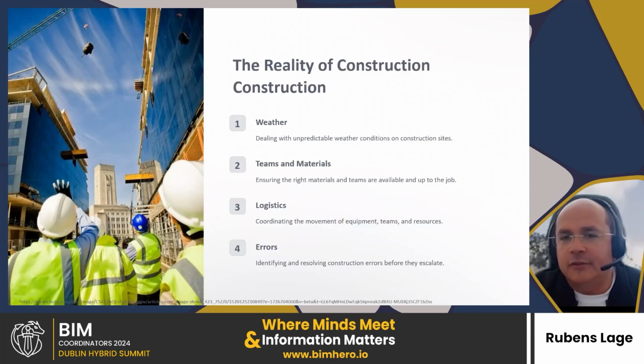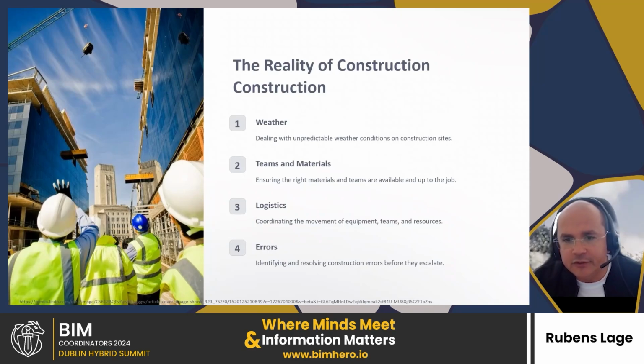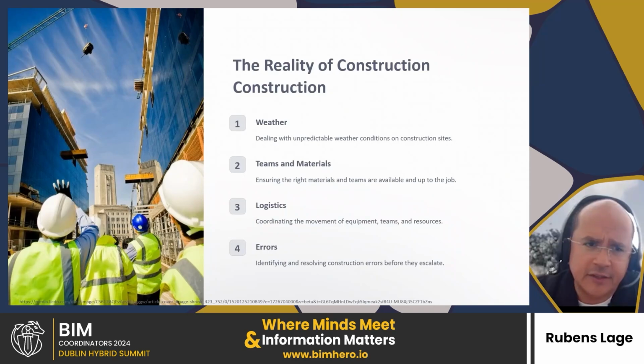As you know, construction is a very complex activity. It's subject to weather. You depend on highly complex and collaborative teams, materials, logistics. There are construction errors, so it's very complex.